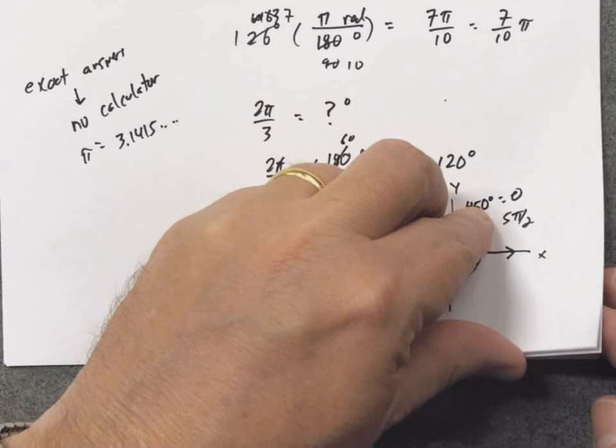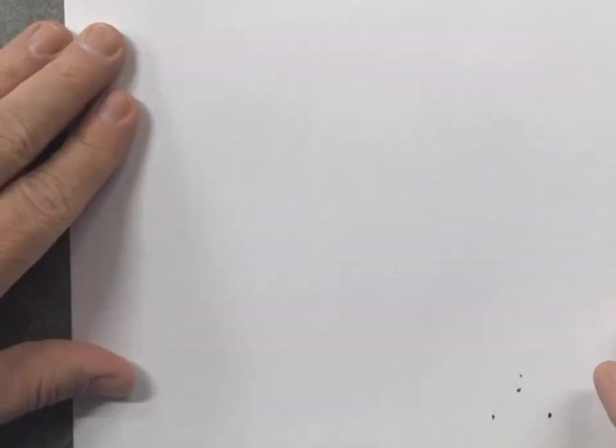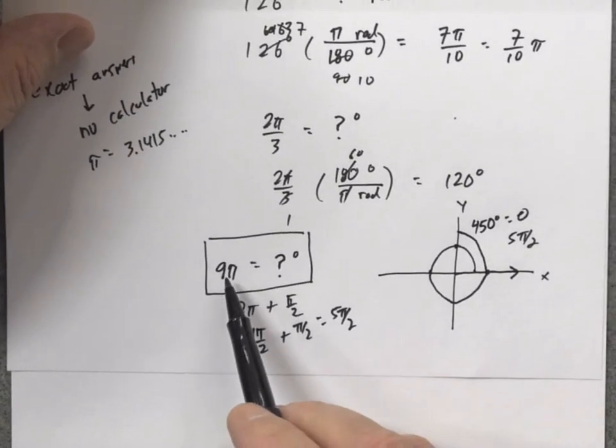That's usually the easiest way to do these problems. Oh, I'm misspeaking. Actually, we don't want to reduce it. We want to just go ahead and determine this in degrees. Let me show you this. We want to see how many degrees it is.